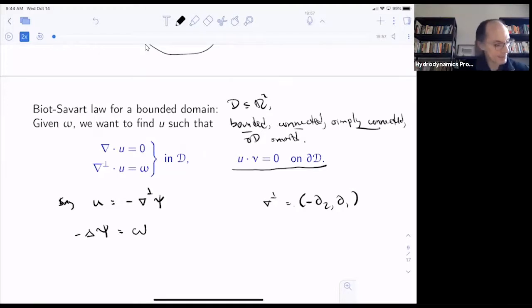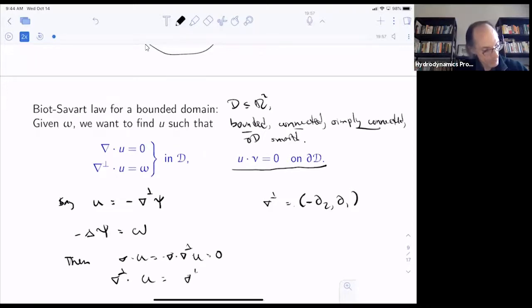And then this vanishes just because it's a difference of mixed partial derivatives. Okay, so then these conditions hold.